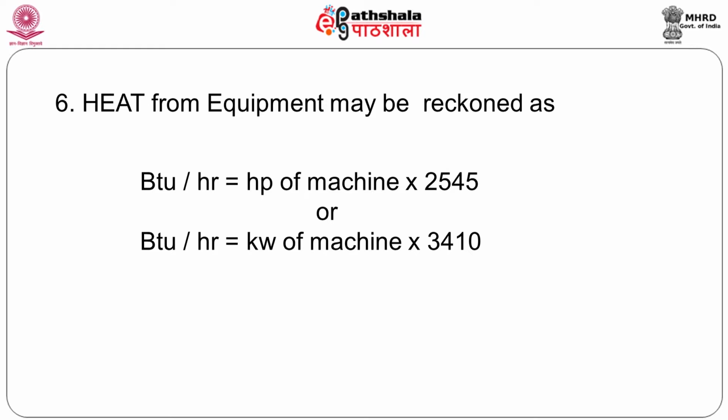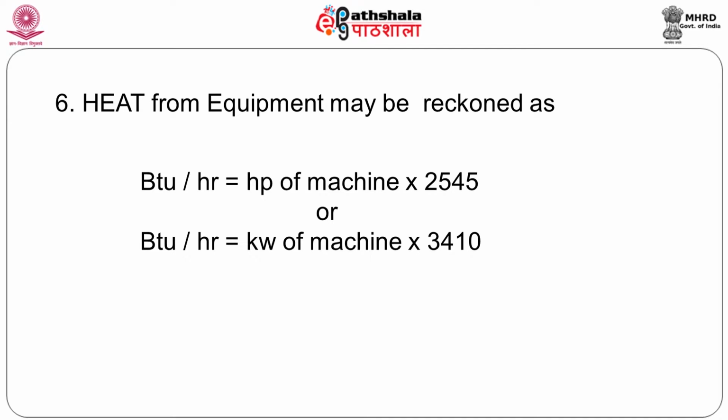The last source that one normally comes across is any equipment that you may keep. It could be a computer, it could be a motor, it could be any electrical device. Most of us will perhaps encounter only computers and electric equipment. There it is extremely simple. If you know the horsepower of the equipment, multiply that by 2545.